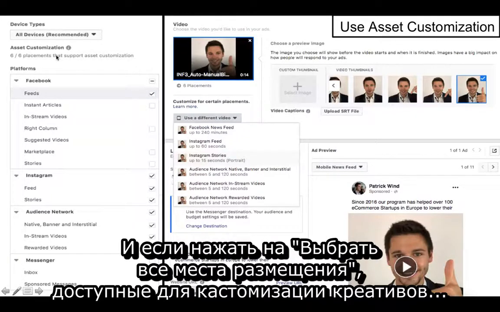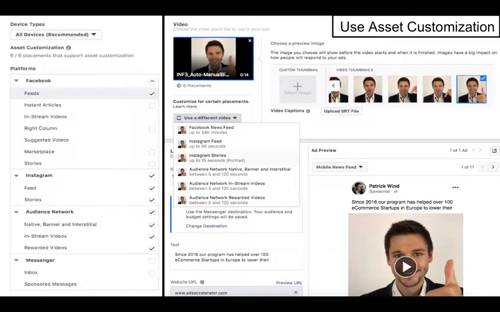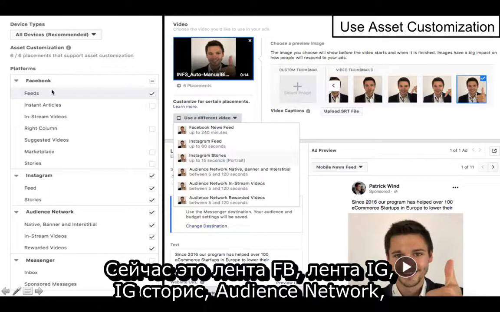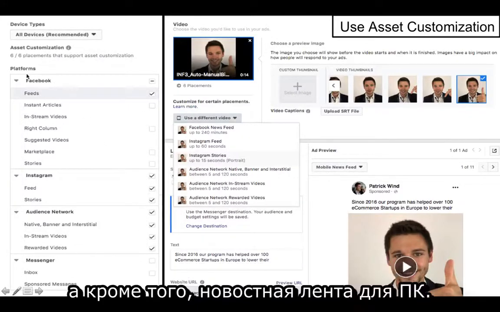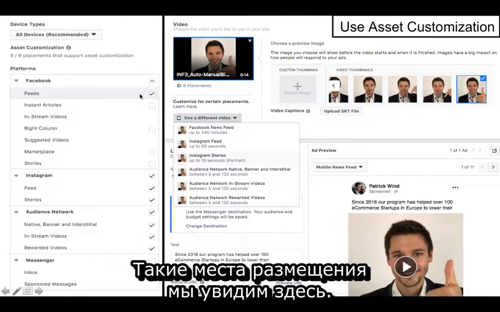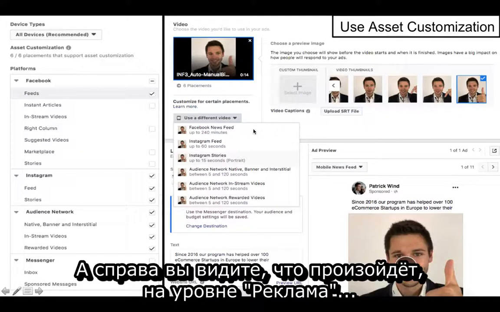If you click on select all placements available for asset customization, right now it's Facebook feeds, Instagram feed, Instagram Stories, Audience Network, and also desktop newsfeed. So these are the placements that open up here.